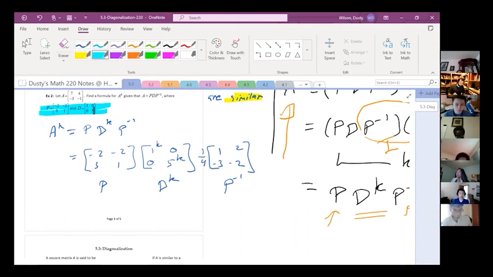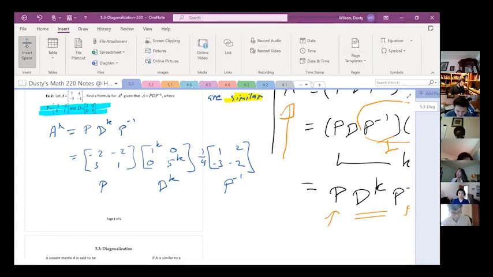So I'm going to start by looking for the eigenvalues.